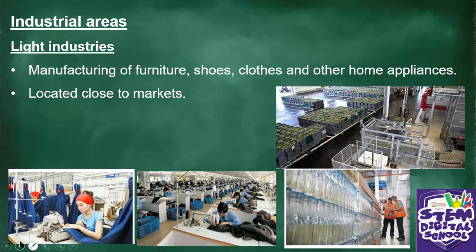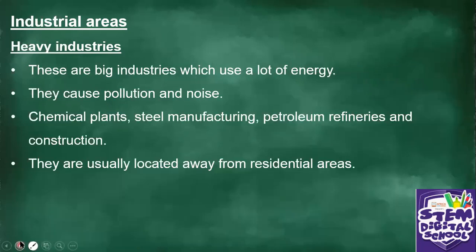Okay. And then what about heavy industries? These are big industries which use a lot of energy. They also cause pollution and noise. Chemical plants, steel manufacturing, petroleum refineries, and construction. All of those are examples of what?